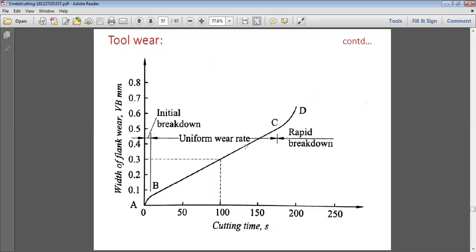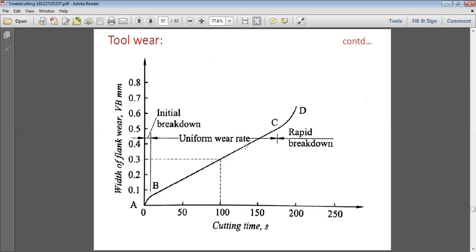So what happens? The stresses go on increasing, and the width of the flank wear goes on increasing very fast after the value of 180 of the cutting time. At this time it goes suddenly, rapidly very much up, and there are chances of a rapid breakdown of the tool in this case.